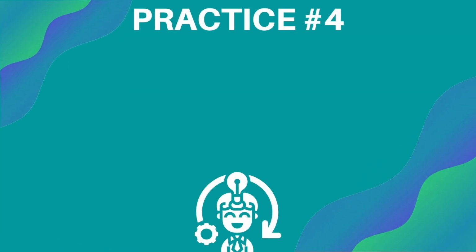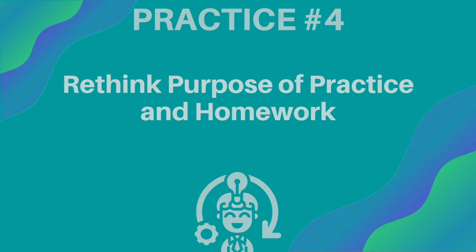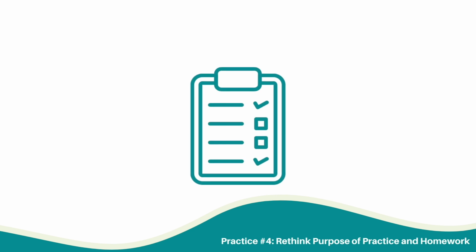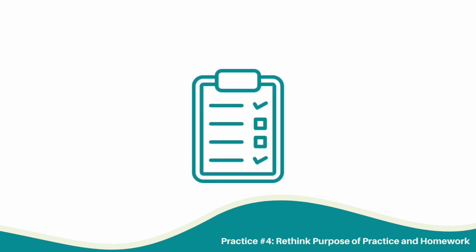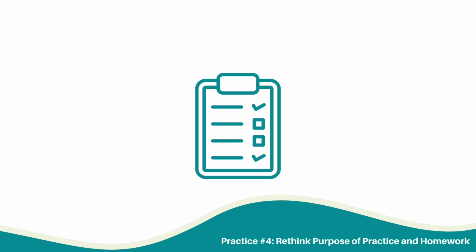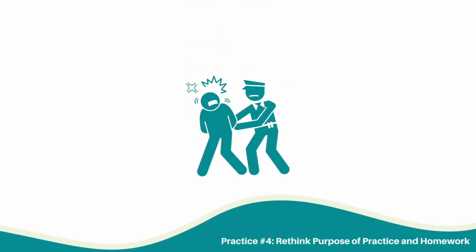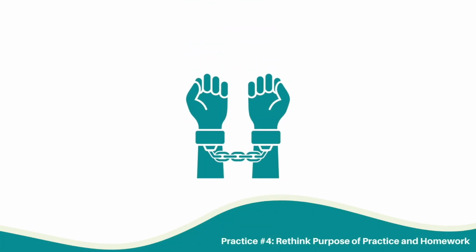Practice number 4. Rethink purpose of practice and homework. Homework checks, evaluation for accountability, and taking up work are current practices that happen in many of our classrooms. When these methods are used, they can act as a gotcha, meaning they are used to penalize students.